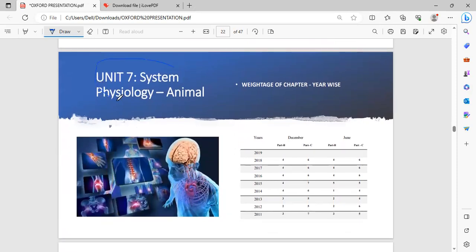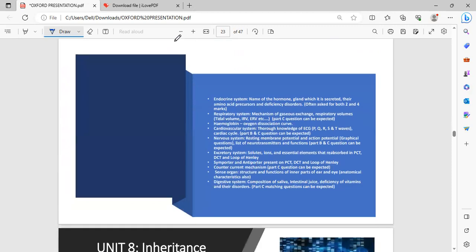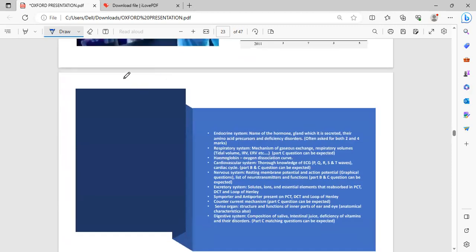Coming to unit 7, that is animal physiology. In animal physiology, first of all, we have to give the main preference to the subunit, that is the endocrine system. After that, respiratory system, excretory system, nervous system, blood, and cardiovascular system.